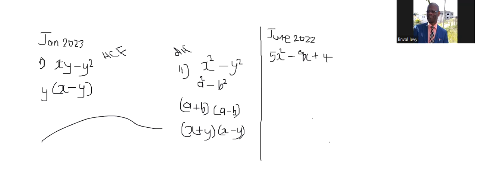Now, this quadratic expression is in the form ax squared plus bx plus c.